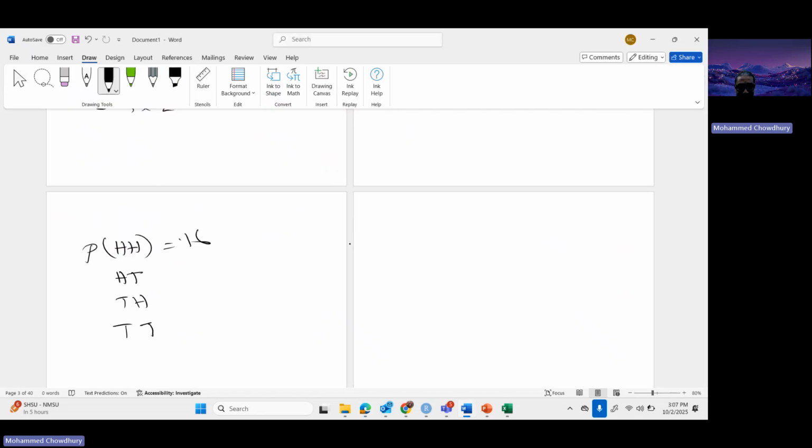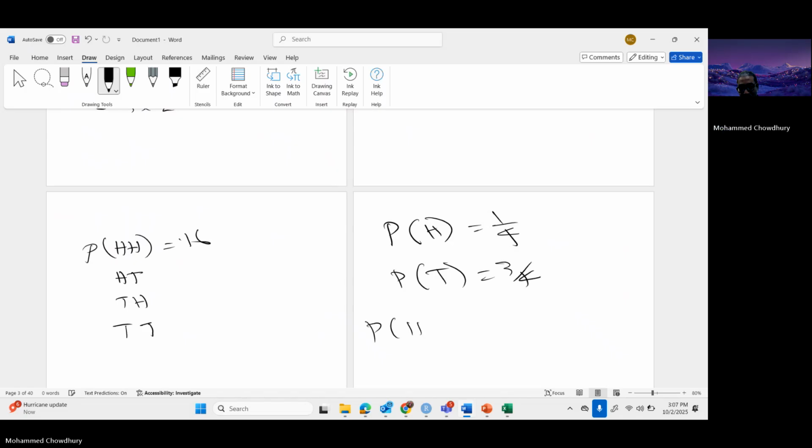Since it is 1/16, it should be probability of head equal to 1 over 4 and probability of tail equal to 3 over 4. So probability of two heads, and it is independent, so it is 1 over 16. This is what you're saying? Yes.